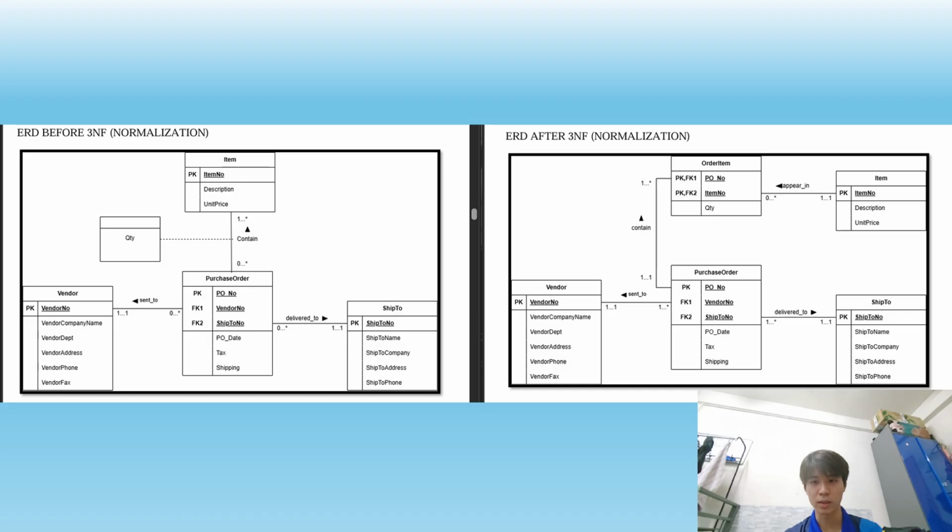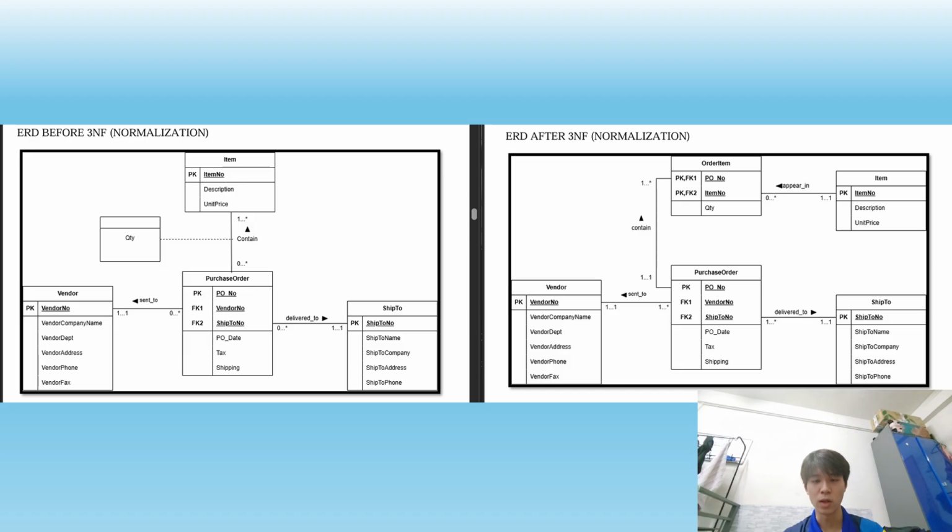Okay, now I will present about the relationships with cardinality. For vendor to purchase order, one vendor can receive many purchase orders, but one purchase order belongs to only one vendor.